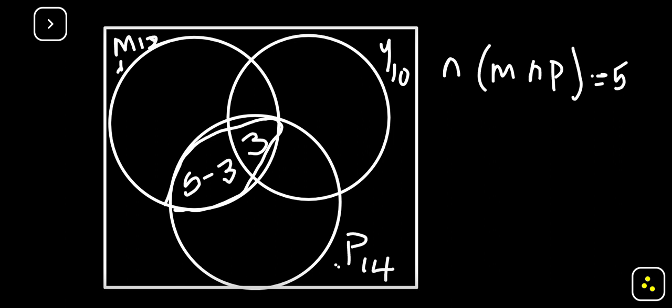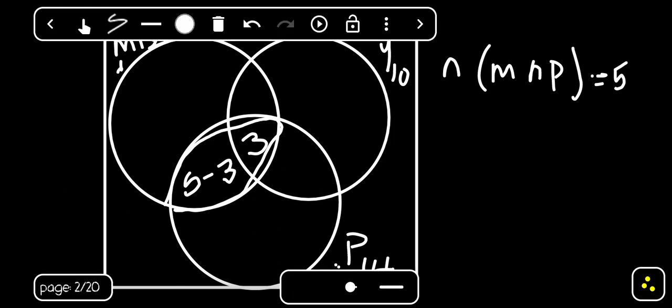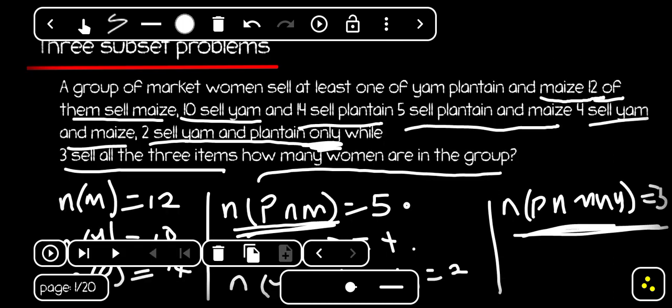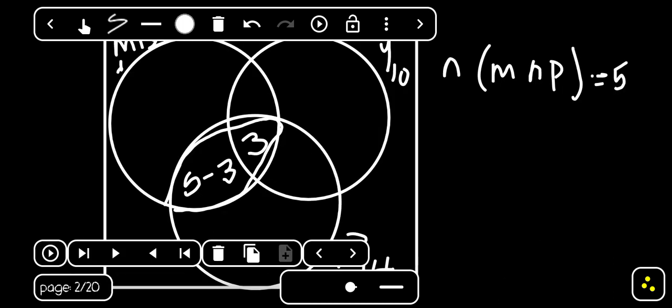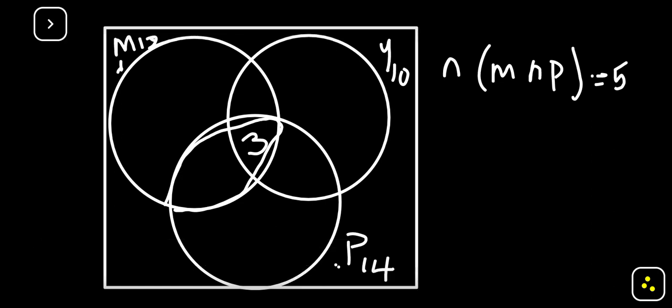Now why is it 5 minus 3? This part here is the part for only maize and plantain, but everything included plus the 3 is for maize and plantain. Let me use a different color of pen. I'm going to take this back a little bit, and then I'm going to shade this.